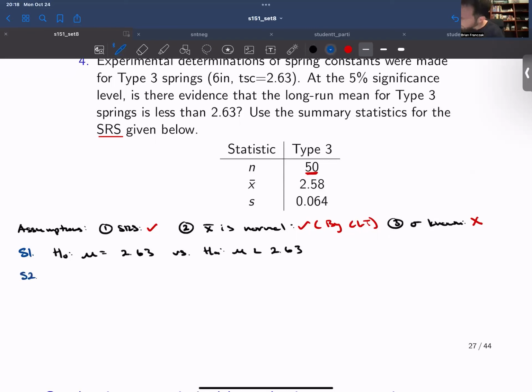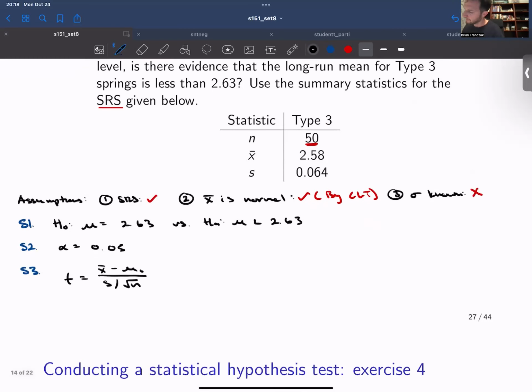On step 2, we give our significance level, which is 0.05. And on step 3, we give our test statistic. This is t, which is x bar minus mu 0 divided by s over the square root of n.